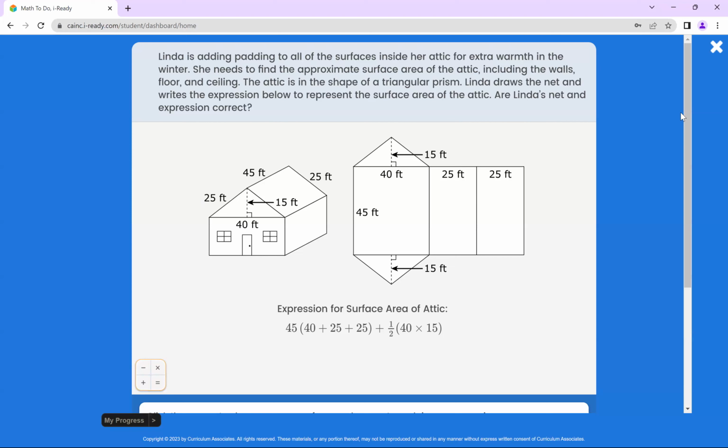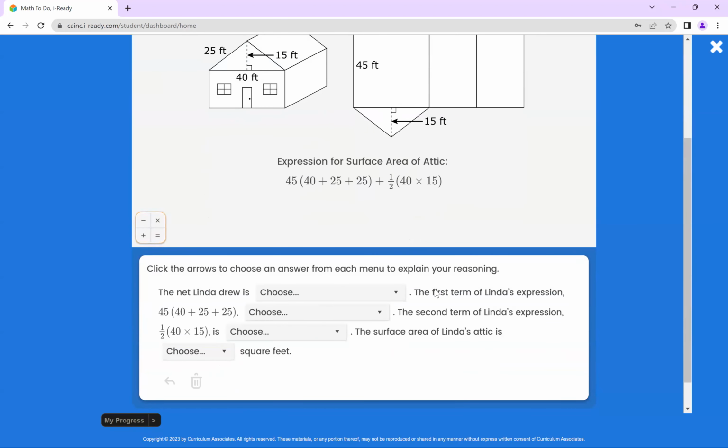Okay, wait, can you scroll down to the answers? Yes. Another Dropbox is correct. Correct.